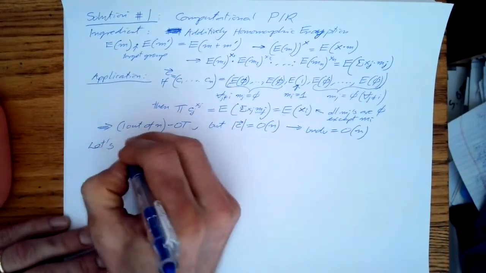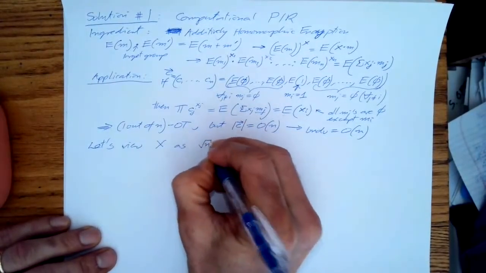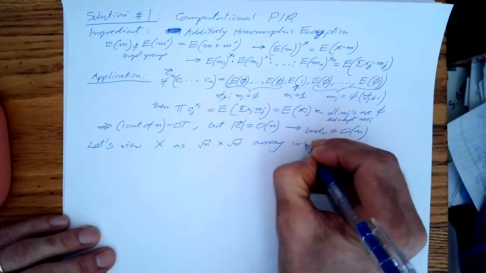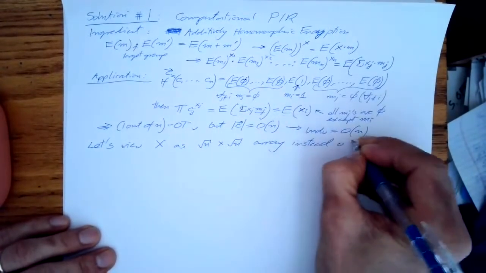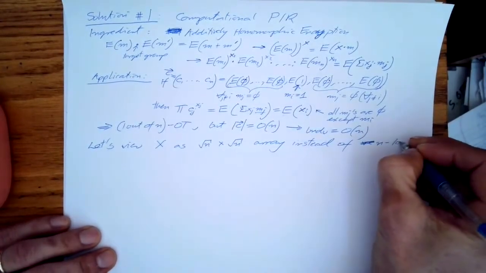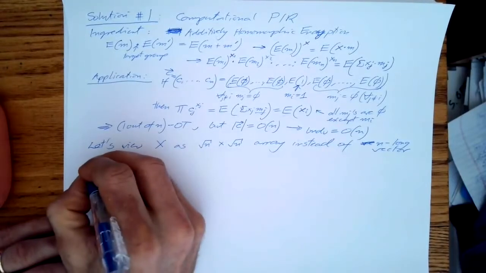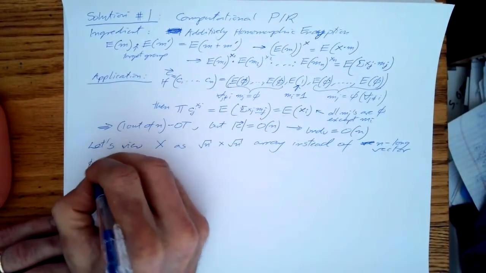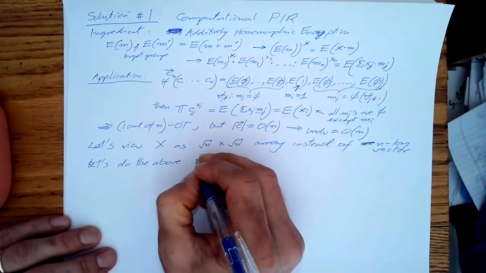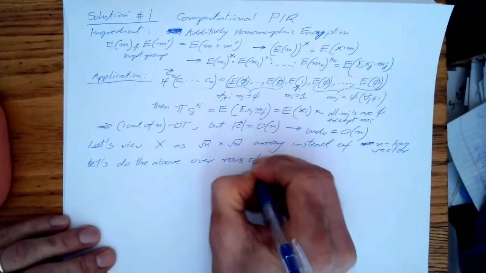Let's view x as a square root of n by square root of n array instead of an n-long vector, and let's do the above over rows of x.